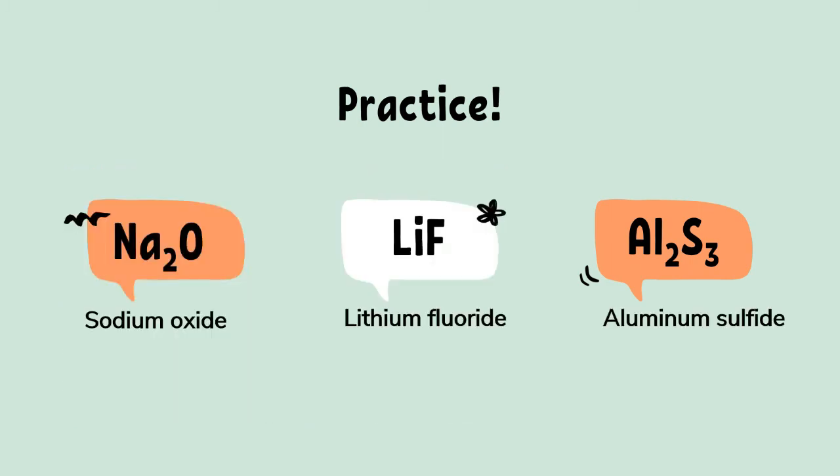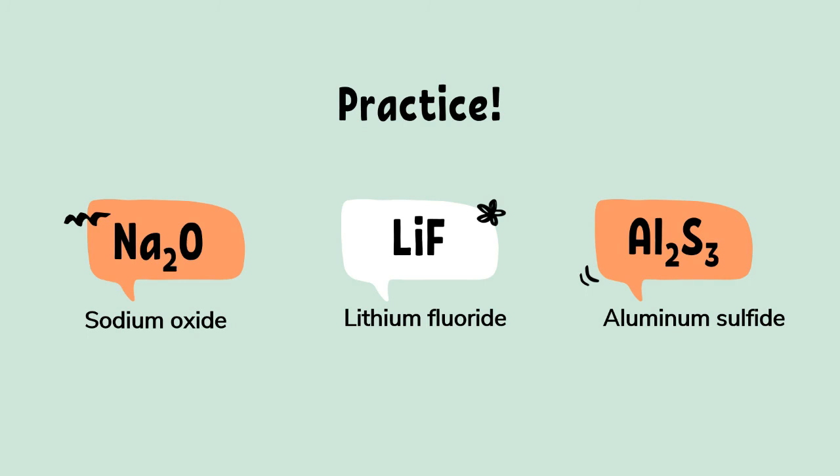Okay, we have aluminum sulfide. The same procedure: we did not change anything on the first element, which is the metal. We just copy the name from the periodic table. And then the second element, which is sulfur, our non-metal, we made a change because we added the suffix IDE at the end of the word. So it becomes sulfide.